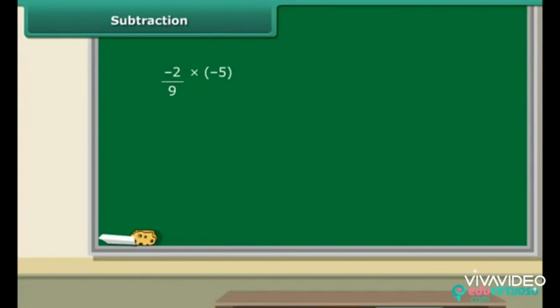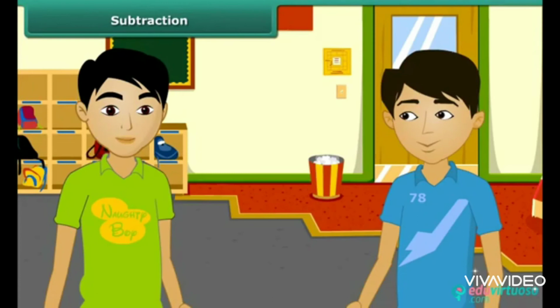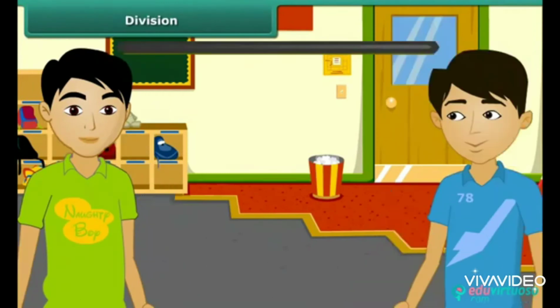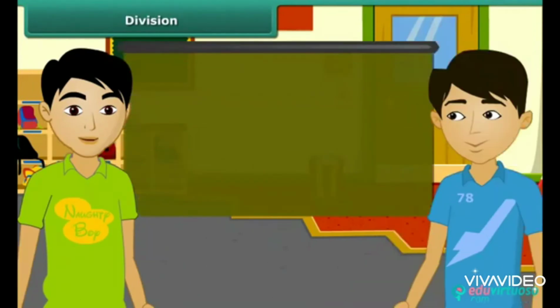Now in order to multiply, minus 2 multiplied by minus 5 upon 9: a negative multiplied by a negative gives a positive, and a negative multiplied by a positive gives a negative. Clear? I have already made you solve all this in the previous lecture.